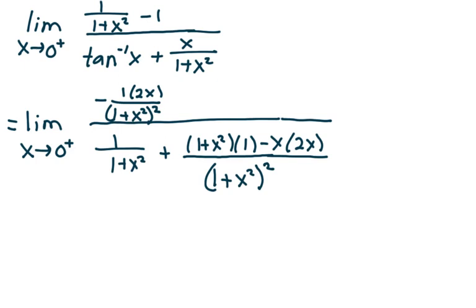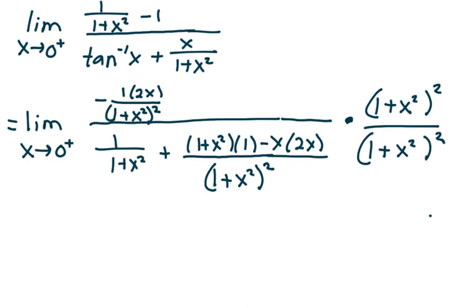So there's a lot here. Now, what I'm going to do is multiply numerator and denominator by 1 plus x squared, squared, because that's what's going to clear the fraction.